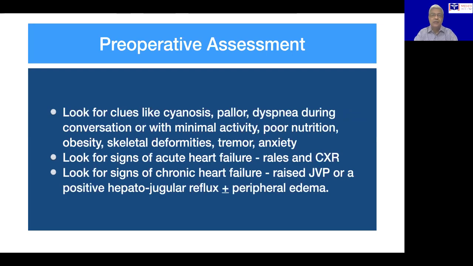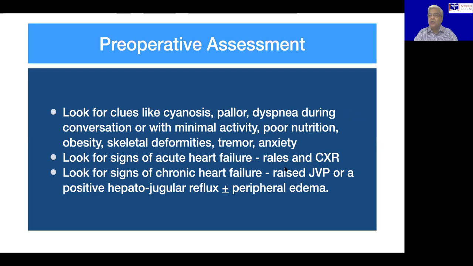Continuing with the preoperative assessment, you should always look for signs of cyanosis, pallor, dyspnea during conversation or with minimal activity, nutritional status of the patient, especially look for obesity, skeletal deformities, tremors and anxiety in patients. We should always look for signs of acute heart failure.